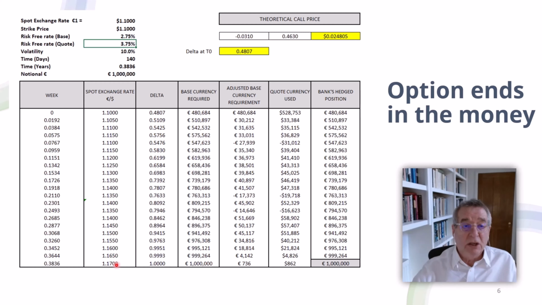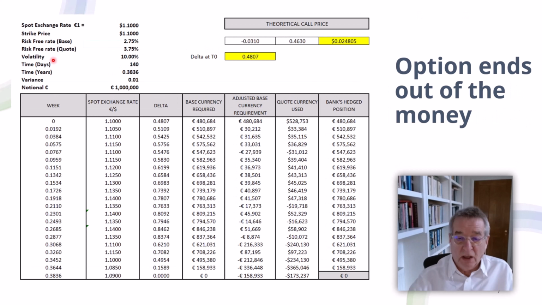Now, clearly, the customer will exercise. The option is effectively 7 cents above the strike rate. So clearly, the customer will exercise. And the good news is that the bank now has 1 million euros, holding 1 million euros, which it can then turn around and provide to the client when the client exercises.